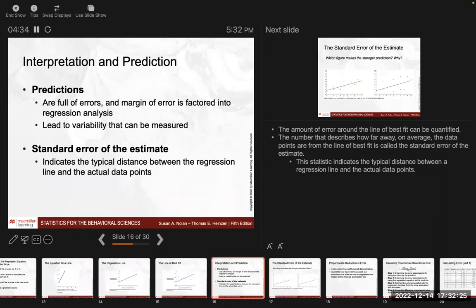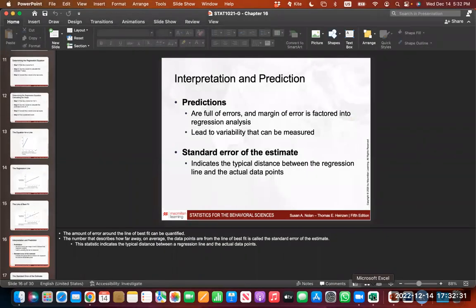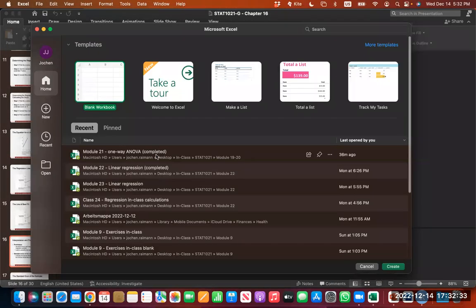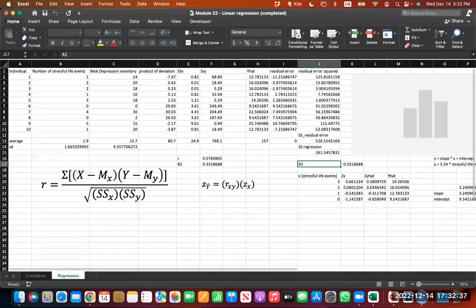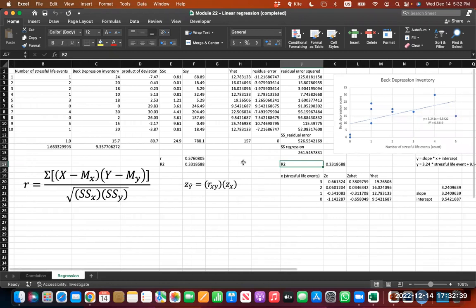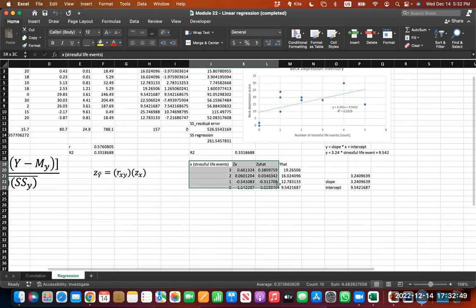Well, let's go back to our spreadsheet. When we did the spreadsheet, you remember this calculation. We went all the way from calculating all of this. We calculated the residual error, we calculated our R, and here is basically what the prediction is.